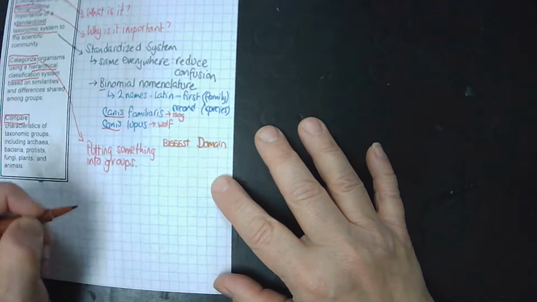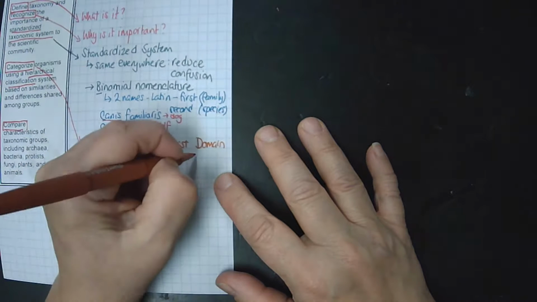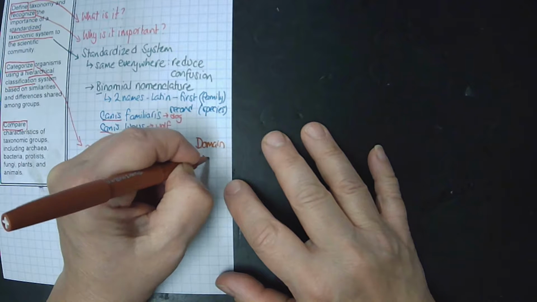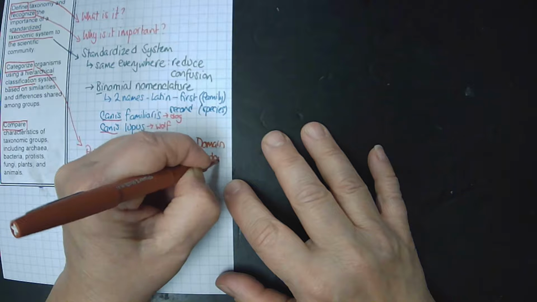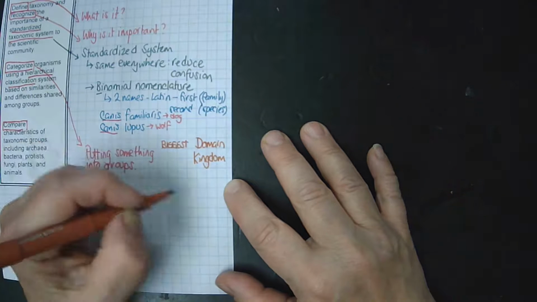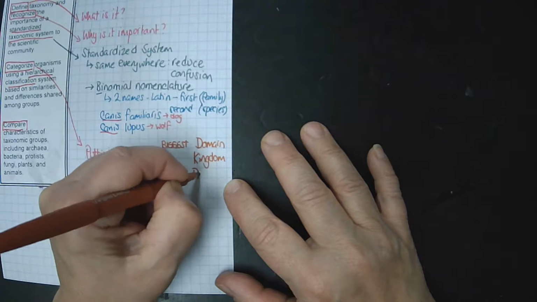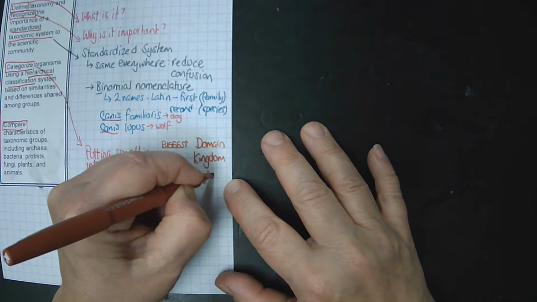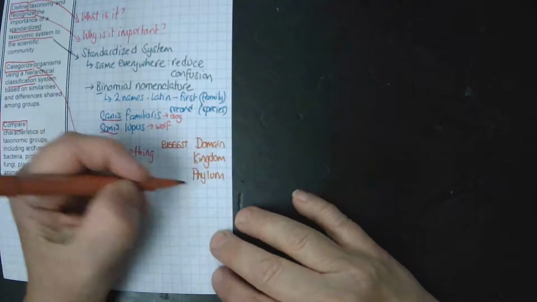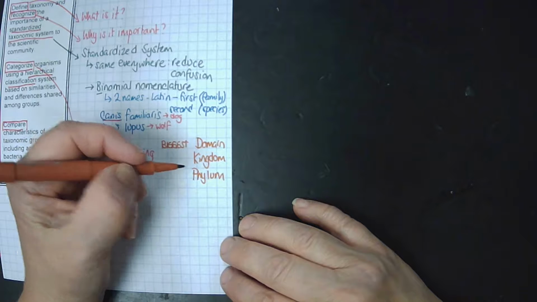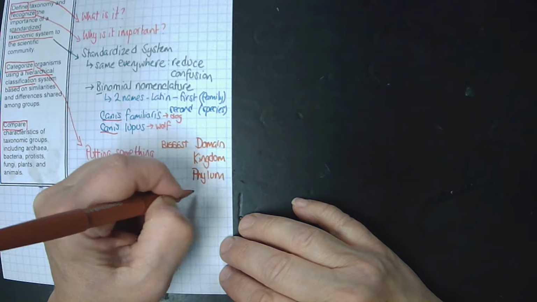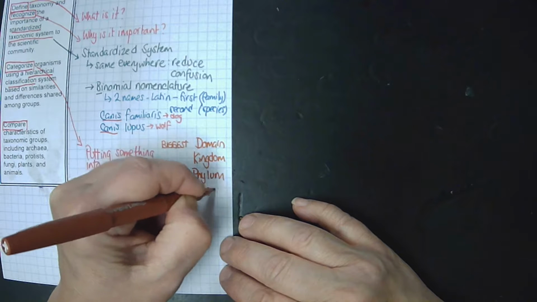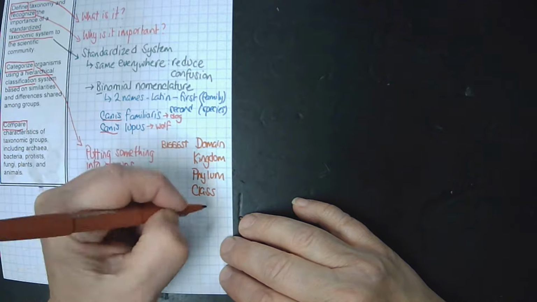Okay? And then all the living things are split into smaller groups called kingdoms. Okay? And then kingdoms are split into smaller groups called a phylum, or phyla sometimes. That's its plural. Phyla are split into a lot of different groups called classes.